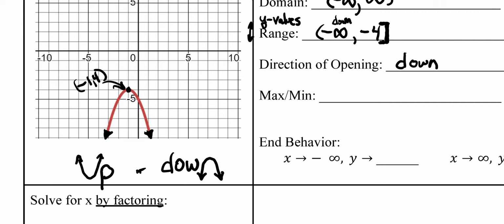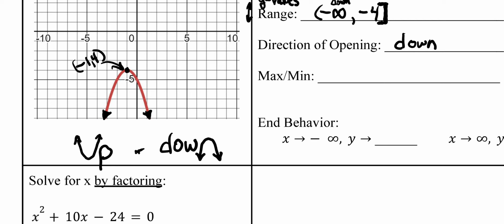Something to keep in mind, if you're looking at the equation, is that here a is less than 0, which means it's negative, and here a is greater than 0, which means it is positive.